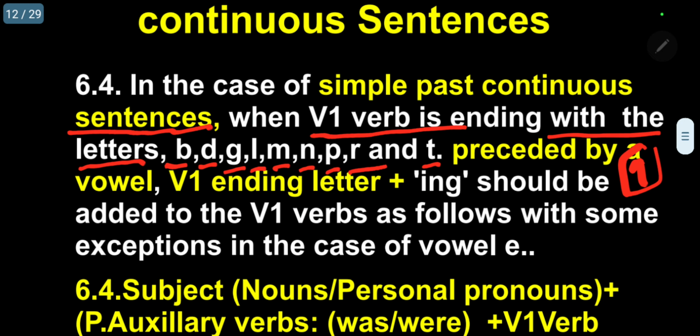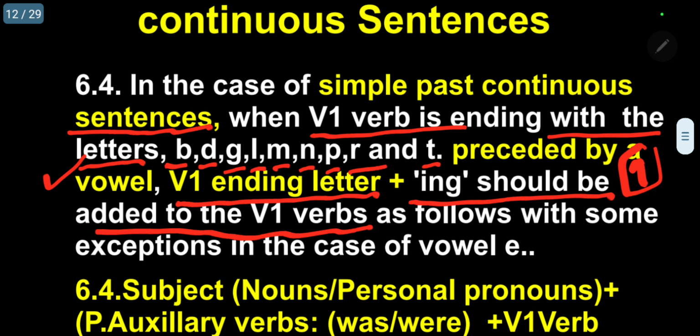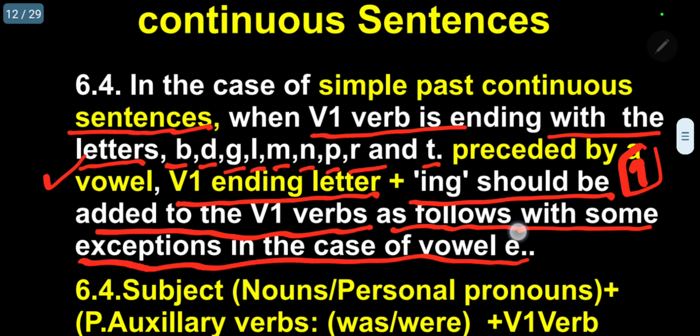I am giving this rule based on my knowledge. Please memorize. So whenever this ending letter comes preceded by a vowel, A, E, I, O, U, then we have to add the V1 ending letter. If B is the ending letter, B. D ending letter, D. Like that, we have to add, plus ing should be added to the V1 verb, as follows, with some exception in the case of vowel E.